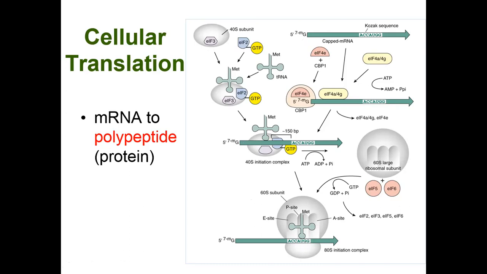Usually in eukaryotic cells, the first amino acid is AUG, or methionine, and the other amino acids will be added. So we will have a growing polypeptide chain or protein.